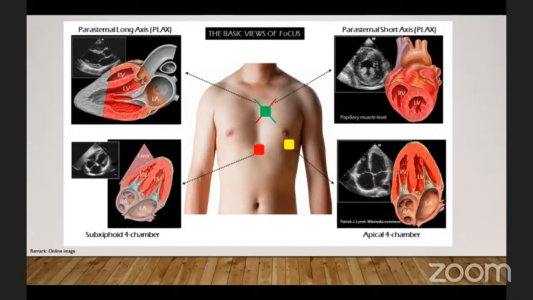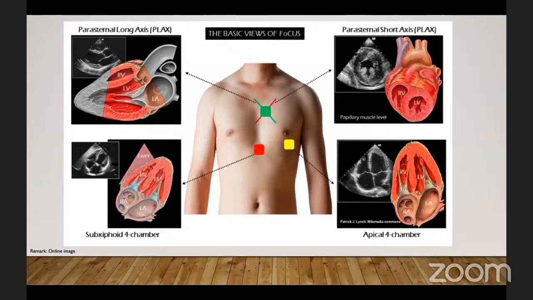If you tilt a little bit down, you'll see the same image as presented here, the mid-papillary muscle level, showing the two heads of the papillary muscle projecting toward each other. And if you tilt it a little more down, you will get the apical short axis, the apical segment.